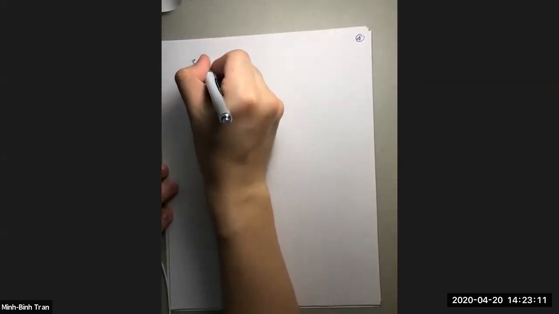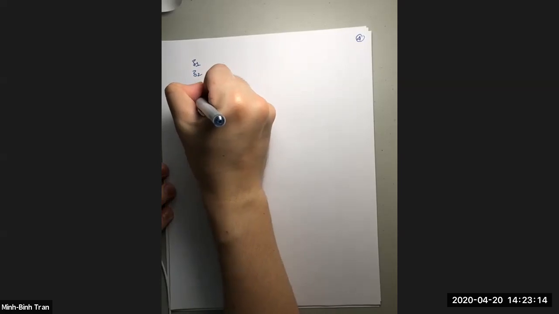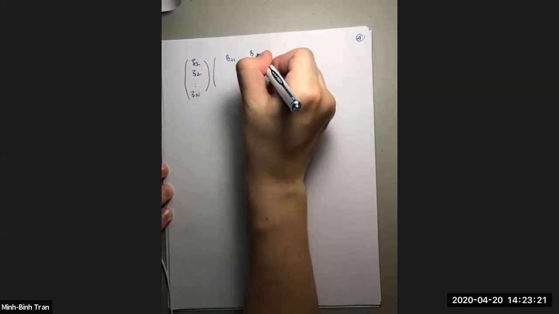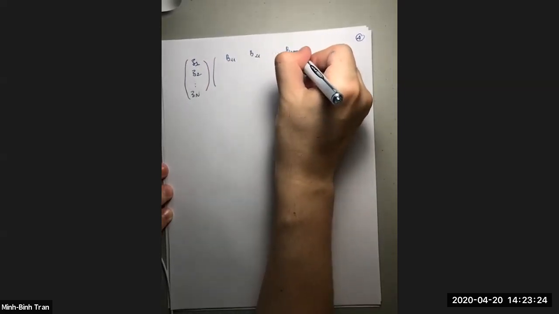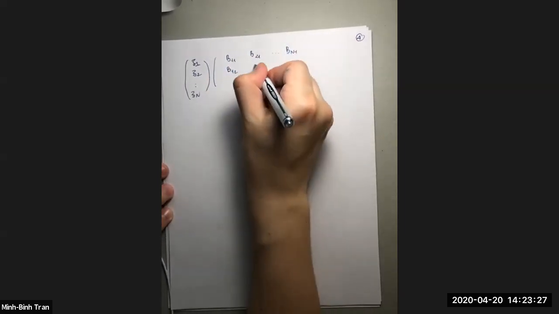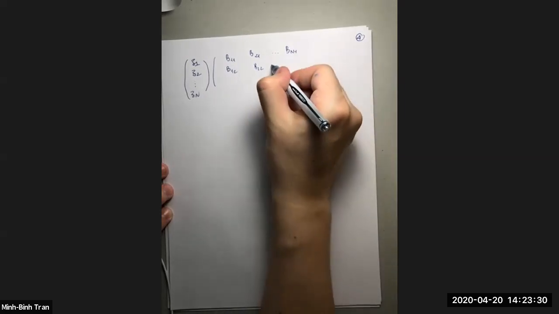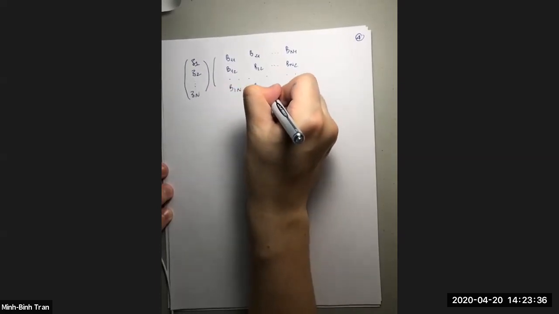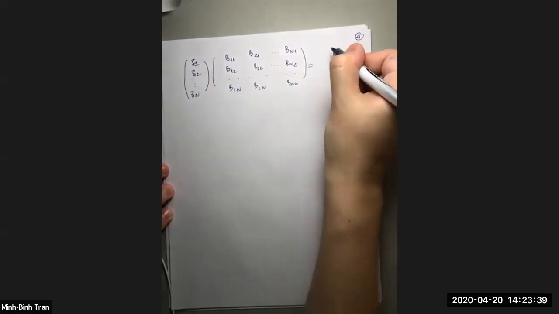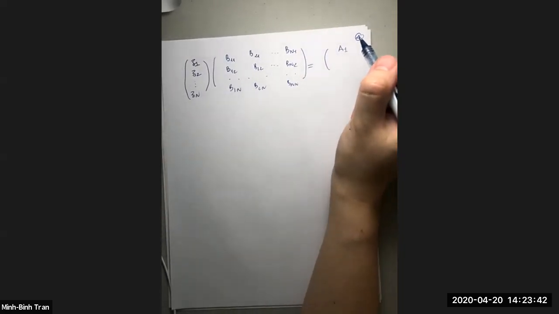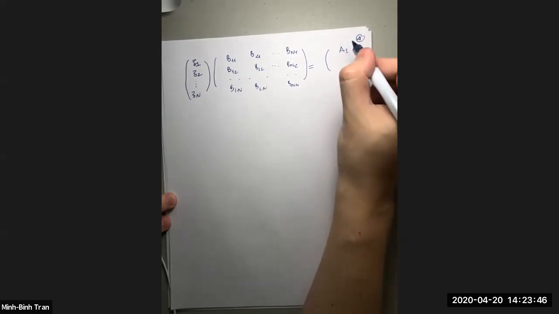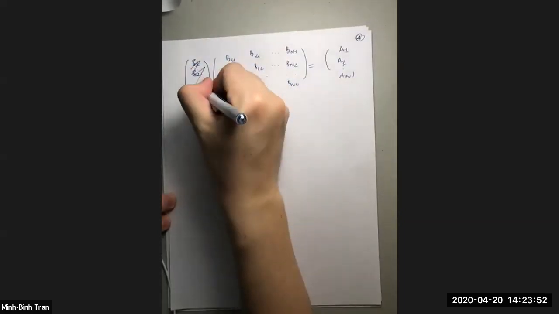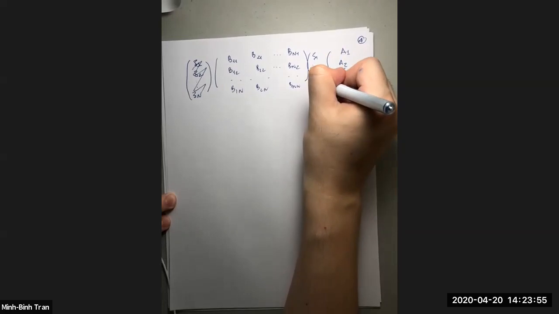You have C1, C2, Cn, and then B11, B21, Bn1, and then B12, B22, Bn2, and then B1n, B2n, Bnn, and everything equals A1, A2, and so on.